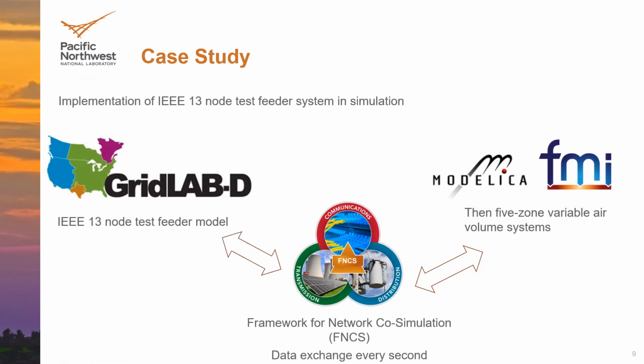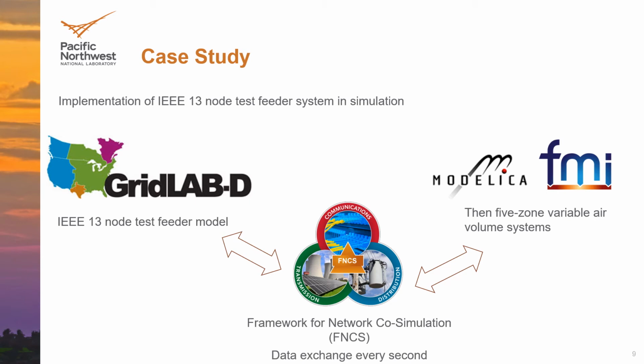We implement the model for this case study based on a co-simulation between GridLAB-D and Modelica. GridLAB-D is an open source modeling tool used frequently in the power grid domain to model the distribution system of the power grid. And we utilize the interface model to build the connection between the building system and the power grid.